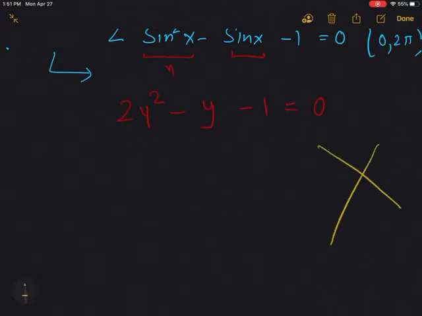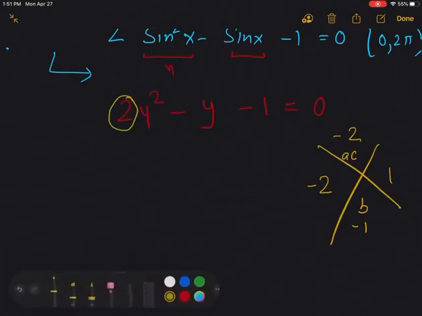I hope you remember AC on the top, B down here. 2 times negative 1 is negative 2, and 1 down here. Two numbers multiplied to negative 2 and added to 1. So what are those two numbers? I have negative 1 and 2. And again, if this number is different than 1, after getting these numbers for X factoring, we divide each number by the a value.